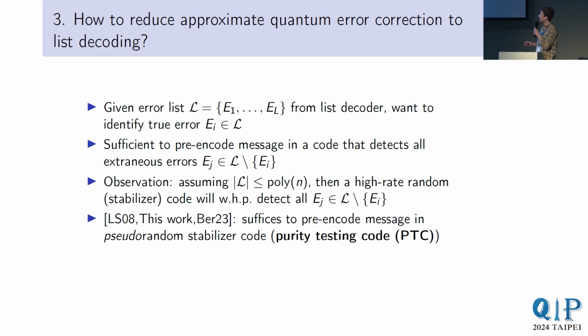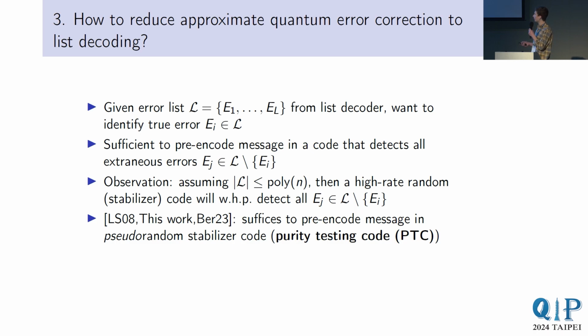We get around this challenge by essentially replacing the random stabilizer code with a pseudo-random stabilizer code. Again, this is an idea that I think was used by Lung and Smith in 2008. We build on their work, and actually a follow-up by one of my co-authors, Tiago, further builds on our work. But the high-level approach is to use pseudo-random stabilizer codes, something called the purity testing code.